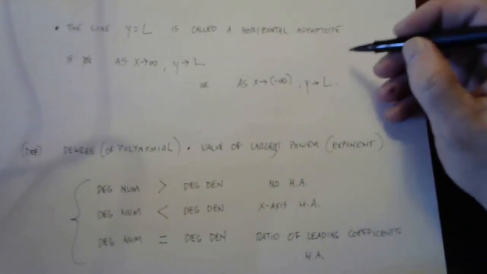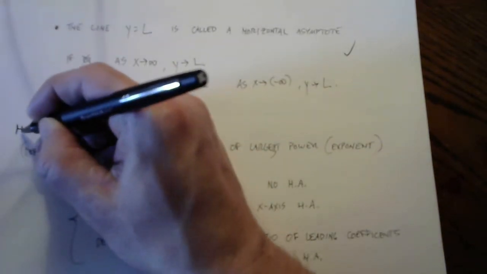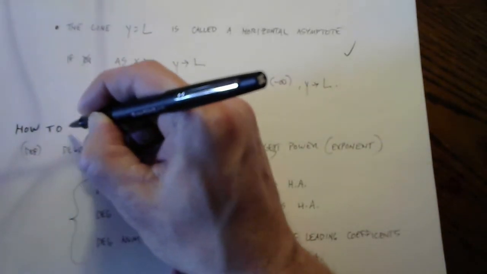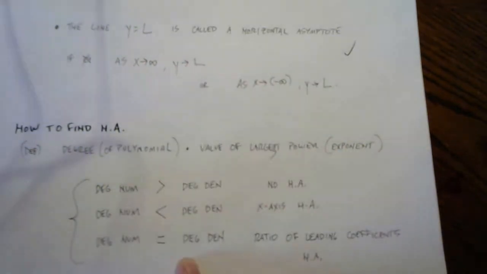As x gets large, you're approaching a value, or x gets large negative, approaching a value. And like I said, typically it's the same on each end. And we call that a horizontal asymptote. So there's a semi-formal definition. So this is how to do it. And really what this is saying is how to find horizontal asymptotes.